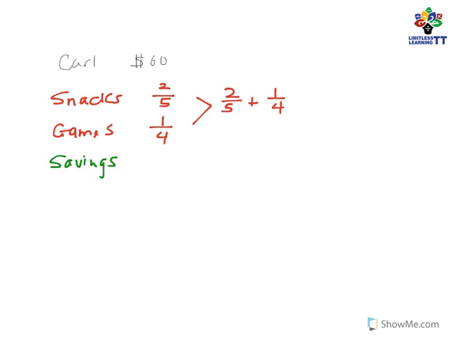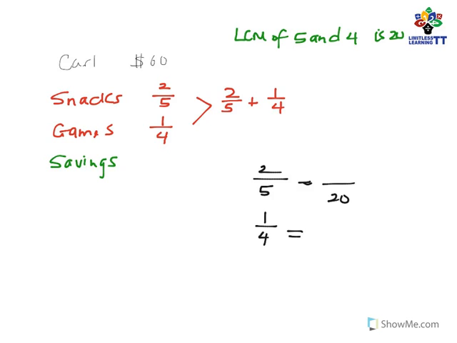And again, we need to find the LCM of 5 and 4, which is 20. So now we're going to change both of them into something over 20. So 2/5 needs to go to something over 20, and then 1/4 also needs to go to something over 20.